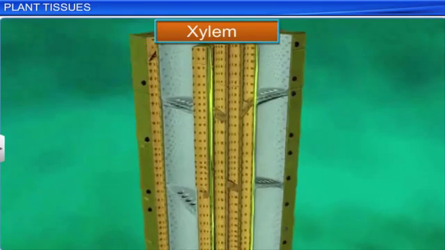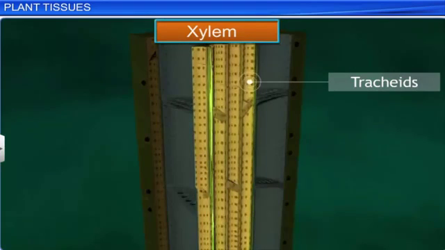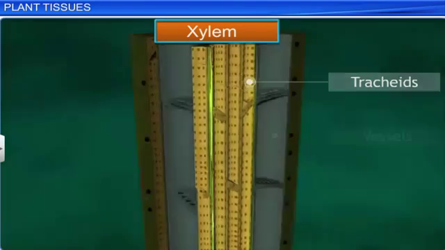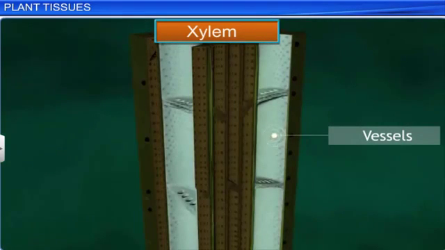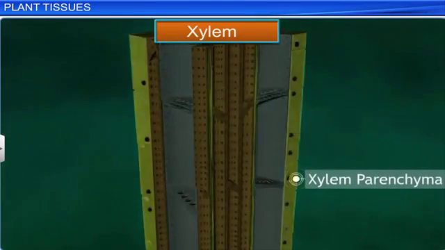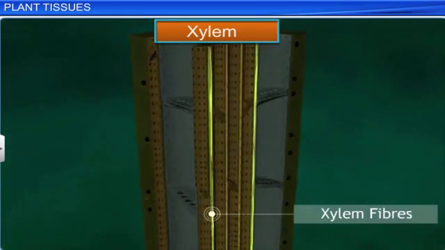Let's explore the different components of the xylem. Tracheids, vessels, xylem parenchyma, and xylem fibers.